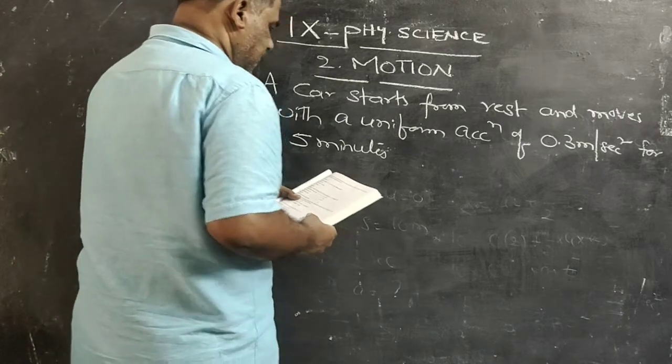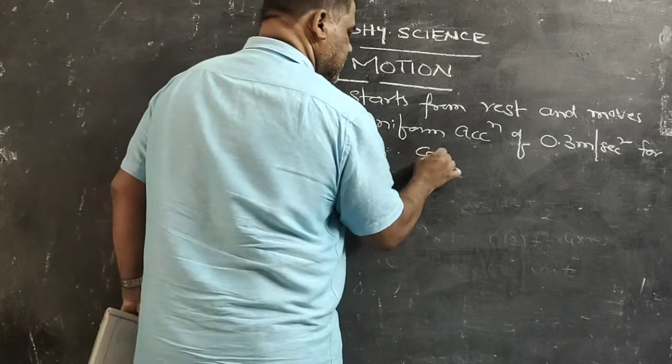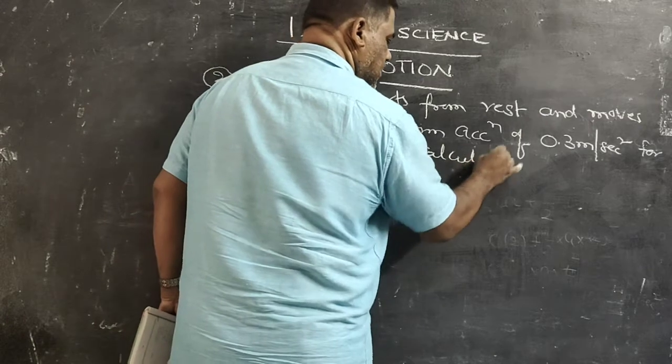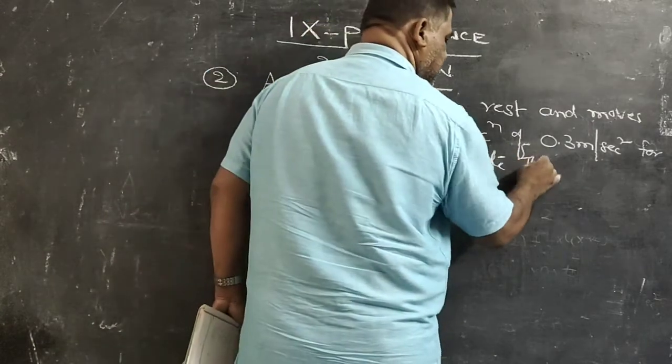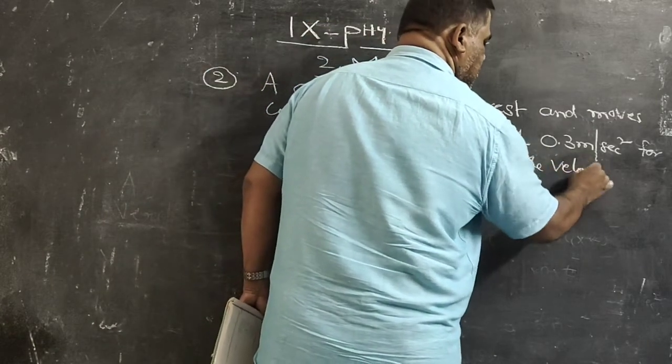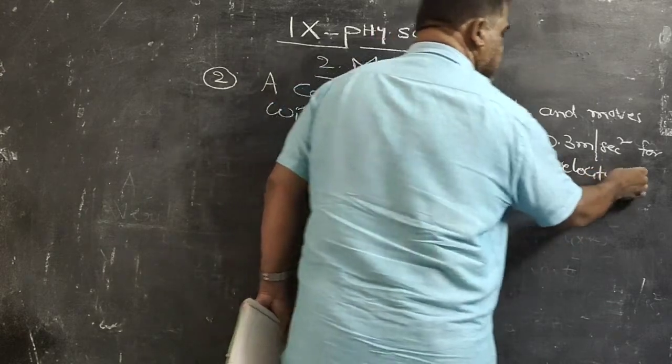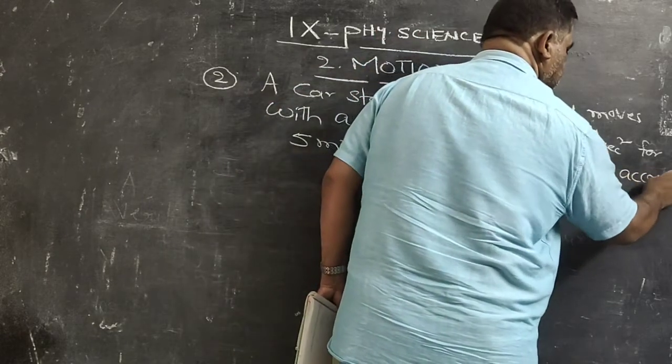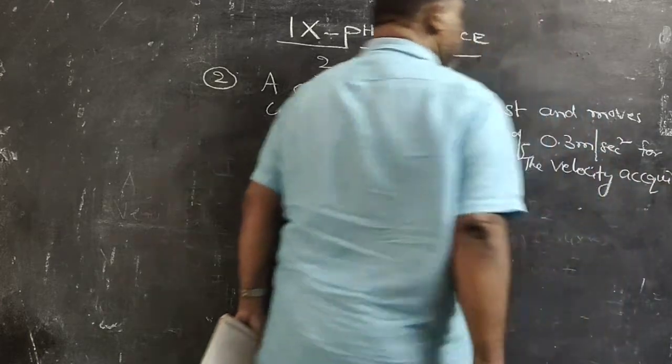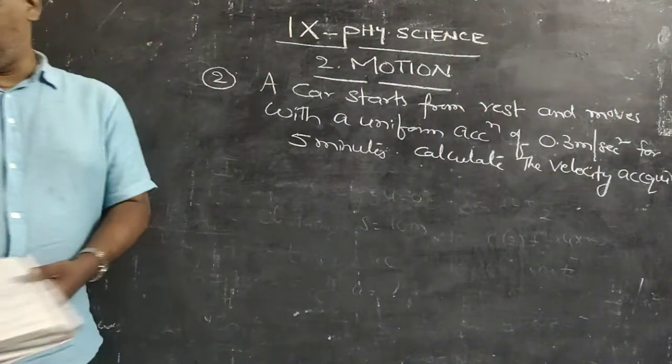Calculate the velocity acquired by the car. We have to find the velocity acquired by the car.